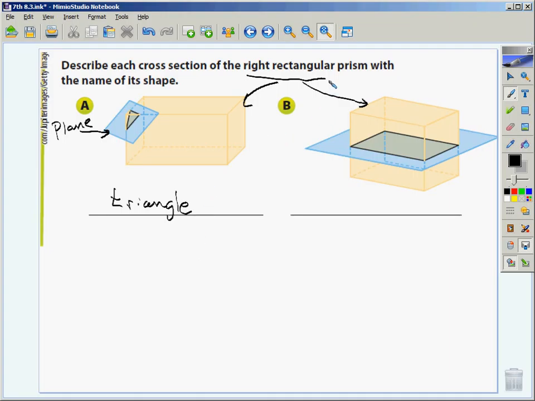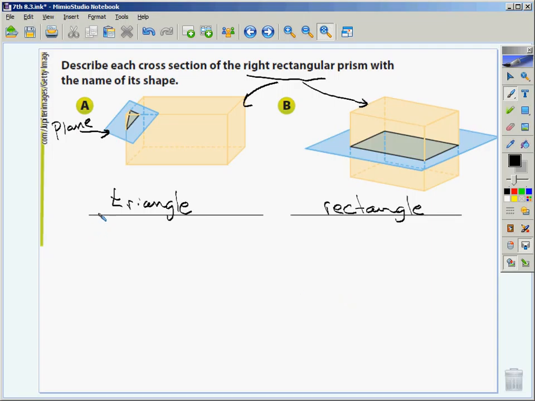On B, if this is a right rectangular prism, and they've passed it through horizontally like this, what shape is this going to be? A rectangle. Everybody with me so far? Understand what we're doing?